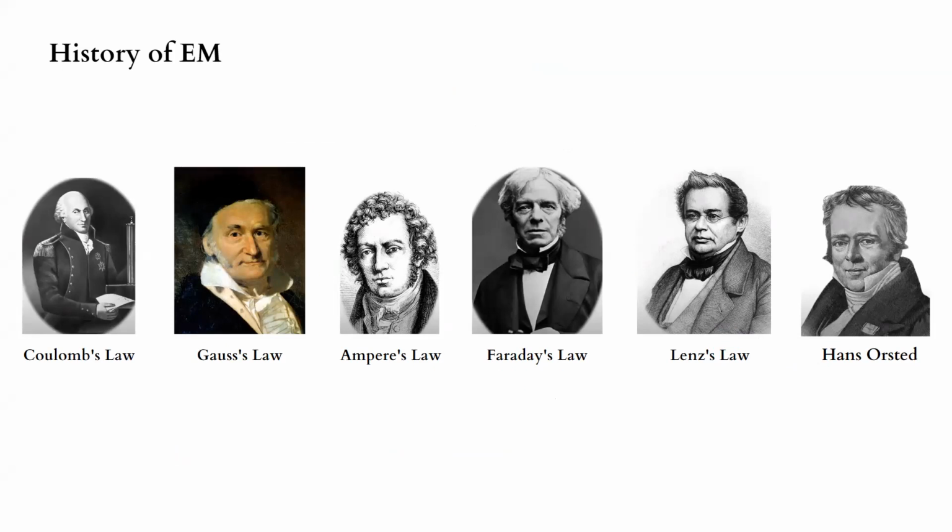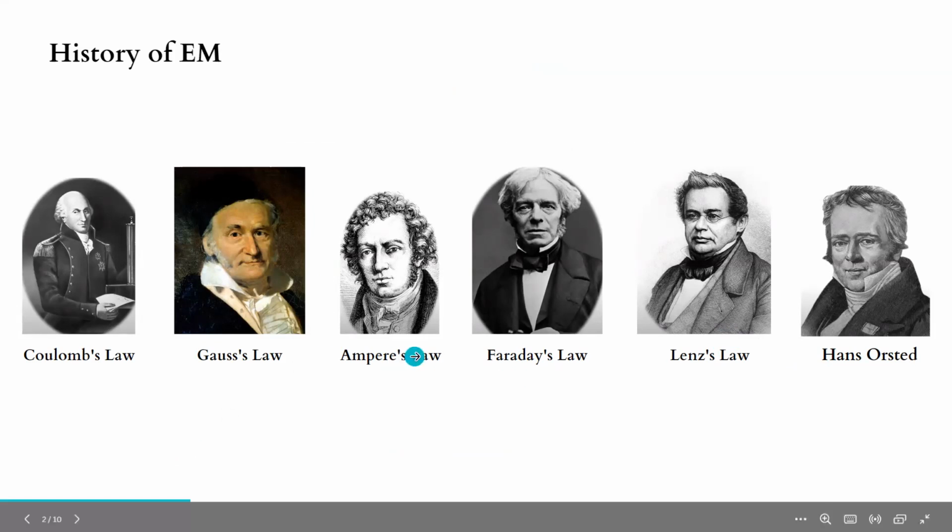Those laws were basically used to find the electric field at a certain point in space due to a certain electric charge available in the space. We have discussed not only a single charge, but also multiple charges and how those multiple charges can affect the electric field at a certain point in the space.